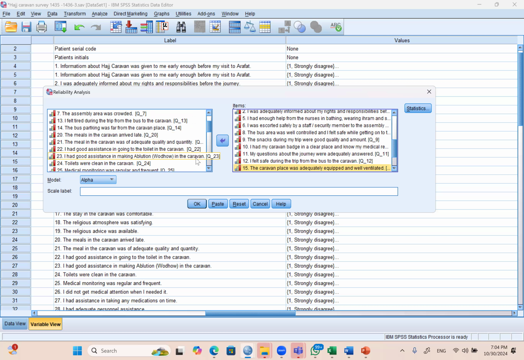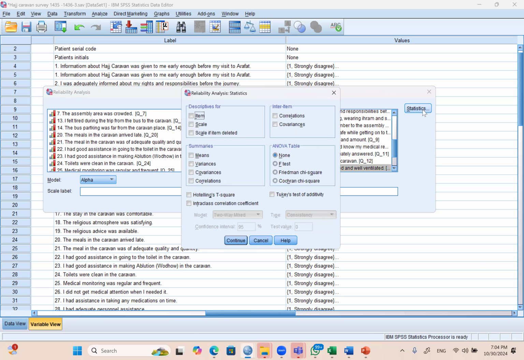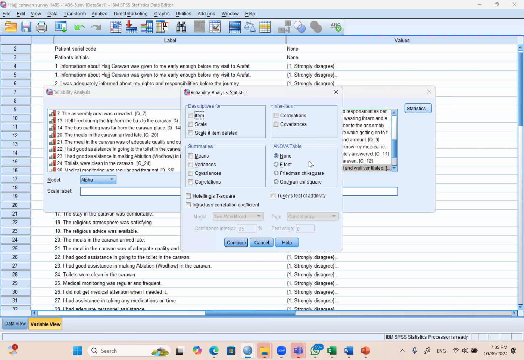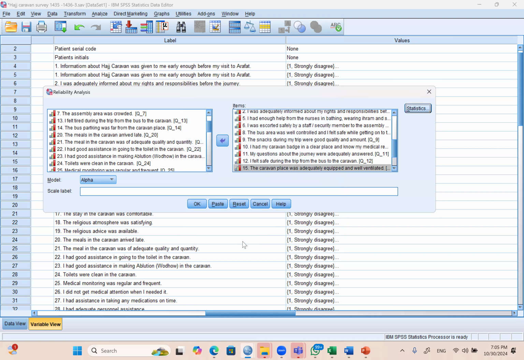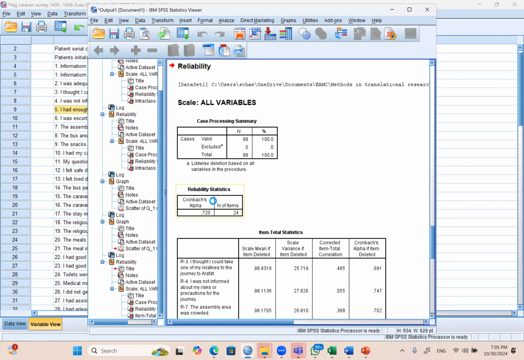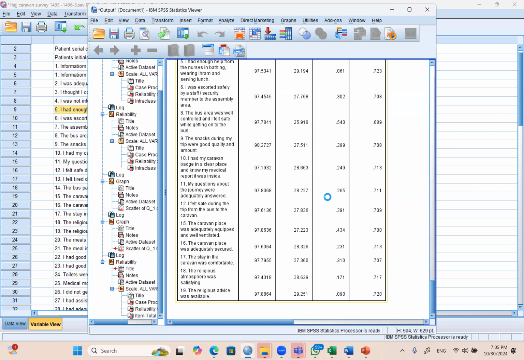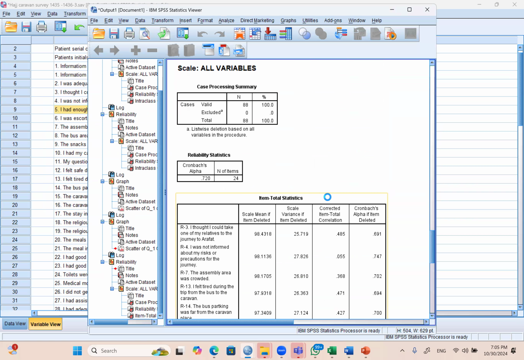Now it's going to give me the most basic statistic that I need, which is called the Cronbach's alpha. This is what I need. But I will also do some more statistics, something called scale if item deleted. Continue. I'm going to look into Cronbach's alpha.